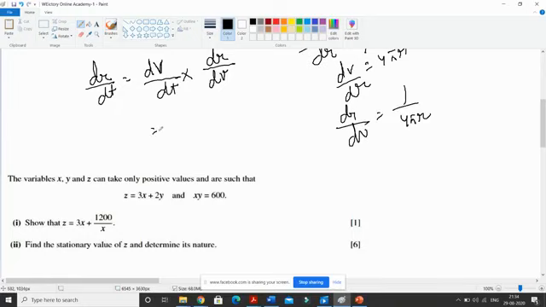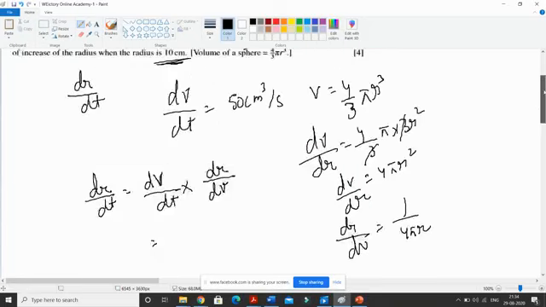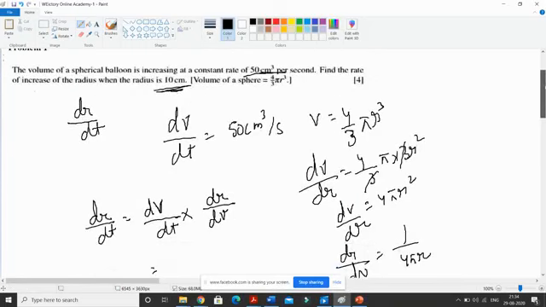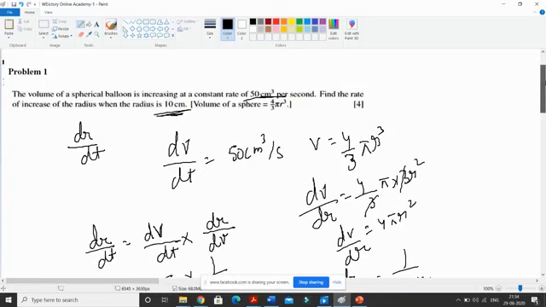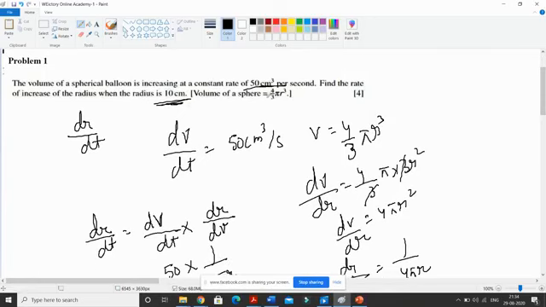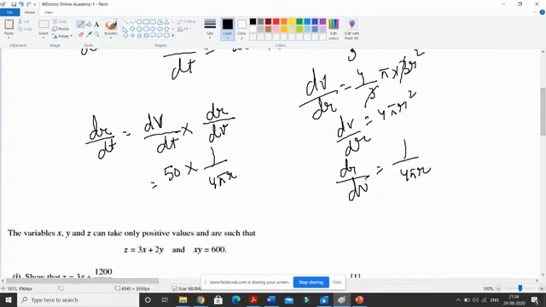Okay, so let's put in all the values. dv over dt is given to you, which is 50. 50 multiplied by 1 over 4 pi r, and r is already given to you, which is 10 centimeter. So 50 into 1 over 4 pi multiply 10.